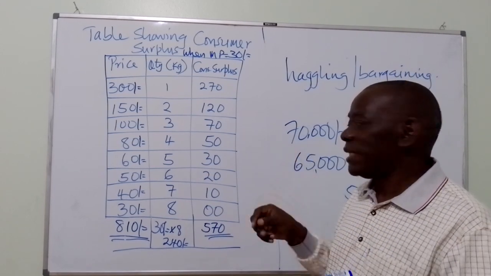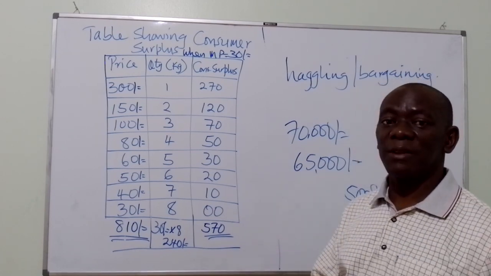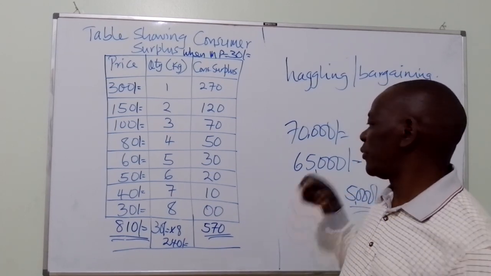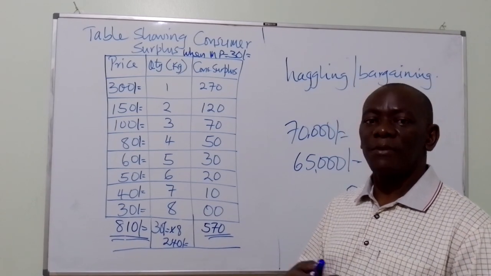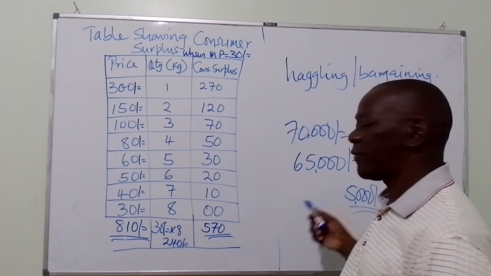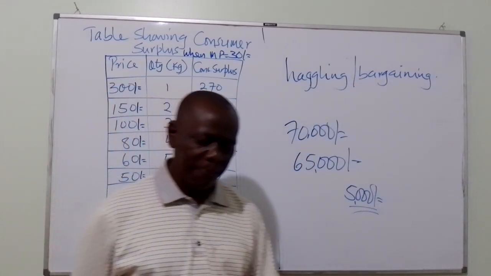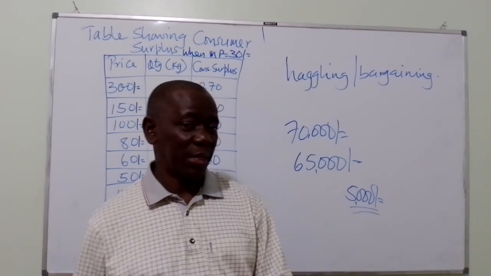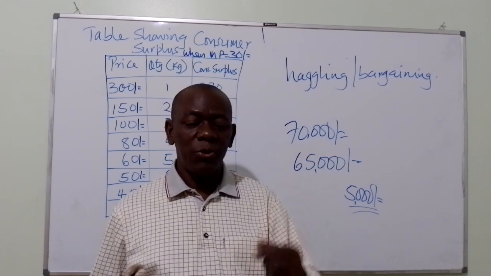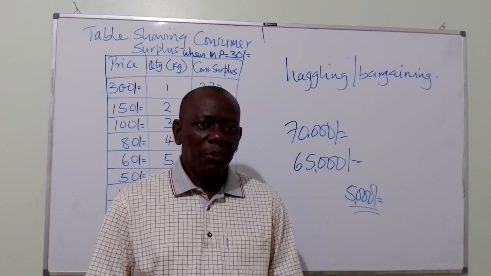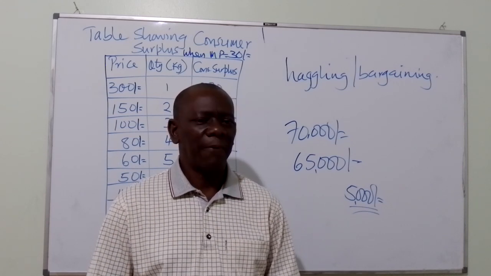But if at the end of the day he fails to reach your utility, and you get it at 65, he will not know. But for you, in your heart, you know that after pushing it to 65, I have got a consumer surplus of 5,000. That's what we call consumer surplus. So bargaining usually brings in that aspect of consumer surplus. The seller wants to sell to you the commodity at your consumer expenditure.